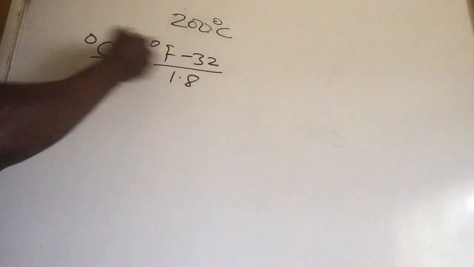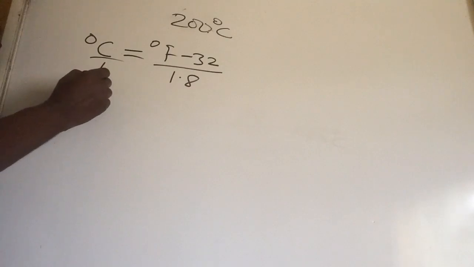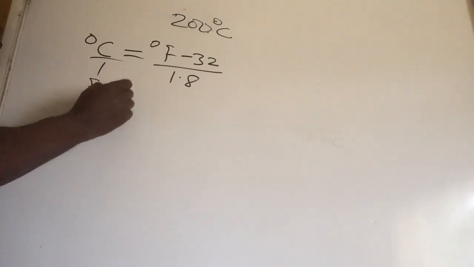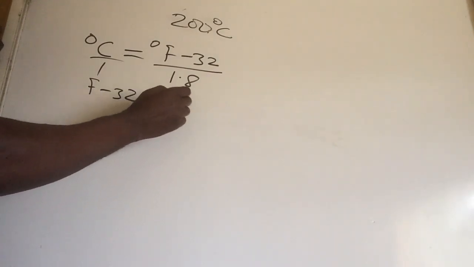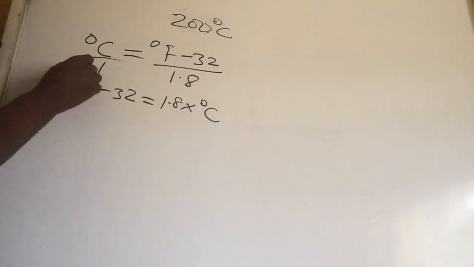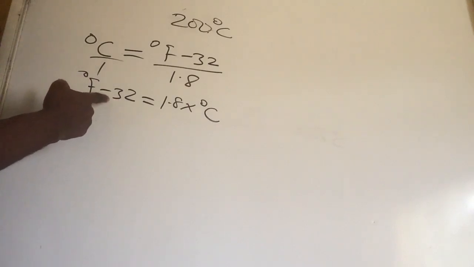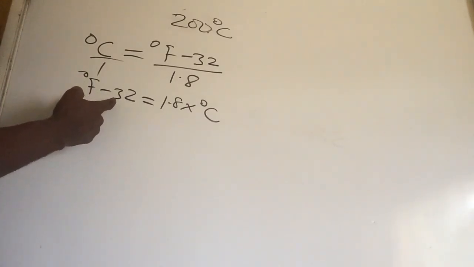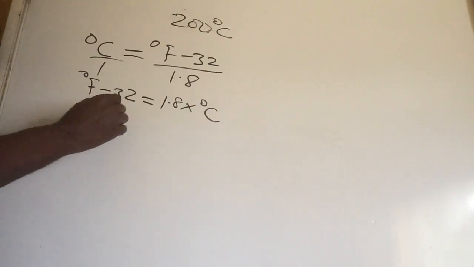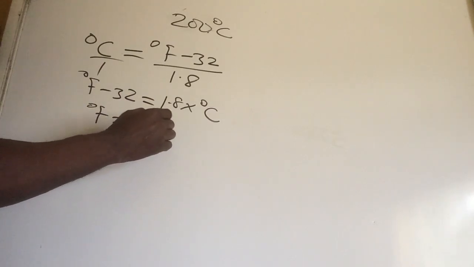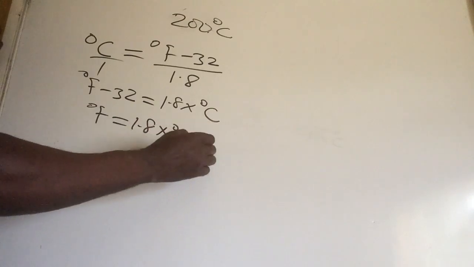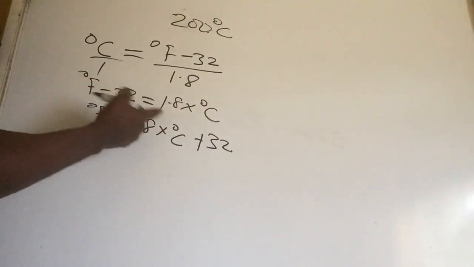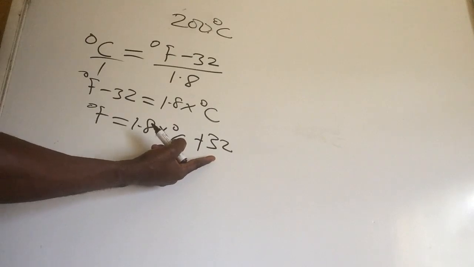Over 1, cross multiply. We have Fahrenheit minus 32 equals 1.8 times degrees Celsius. Now, taking this 32 to this side, it will change to plus. So Fahrenheit equals 1.8 times degrees Celsius plus 32. The sign changed as a result of coming to this side.